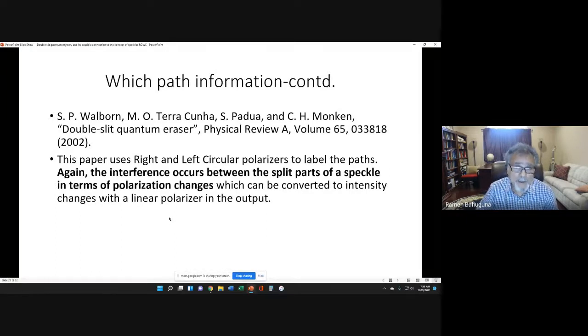In this case, of course, you can place the analyzer at any angle, and as you rotate the angle, you can see the interference pattern shifting. You don't have to put it at 45. Any angle is fine. But the explanation that is given, that we know the photon went through this slit, that's why the interference disappears, I don't like it, to tell you the truth.